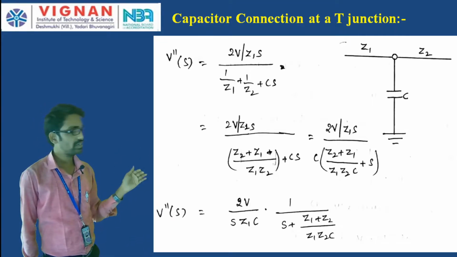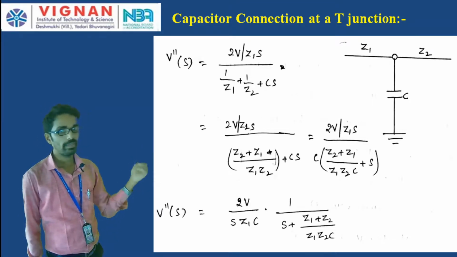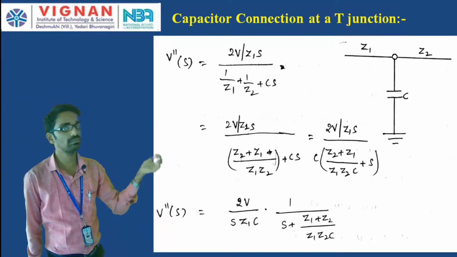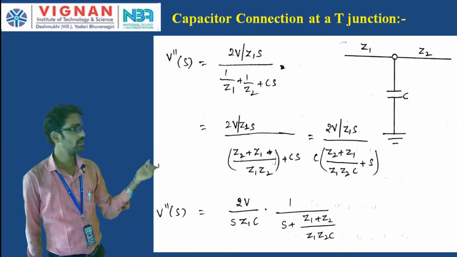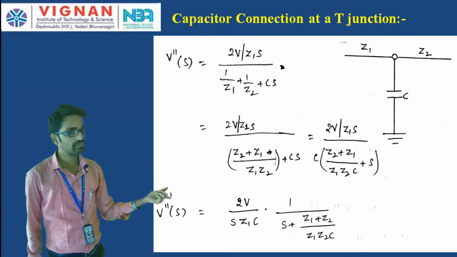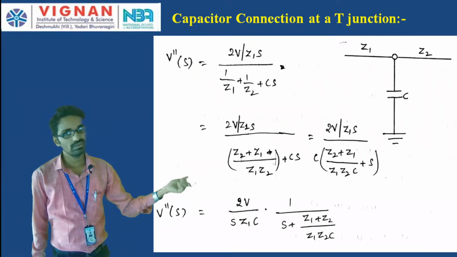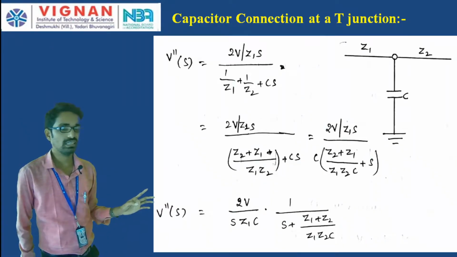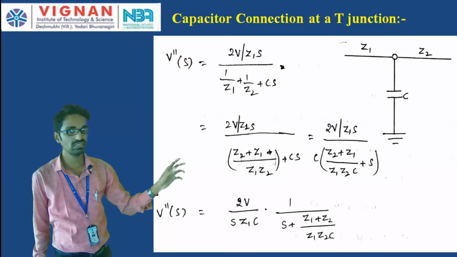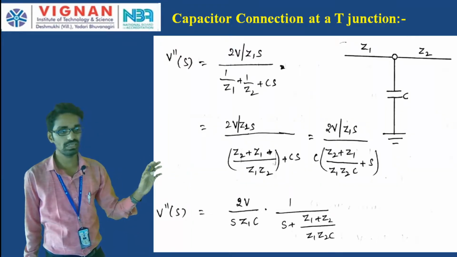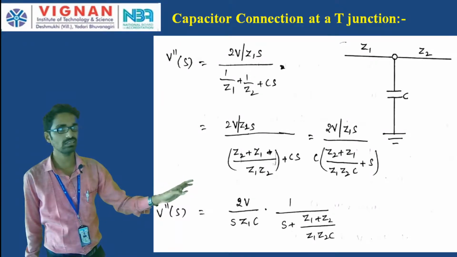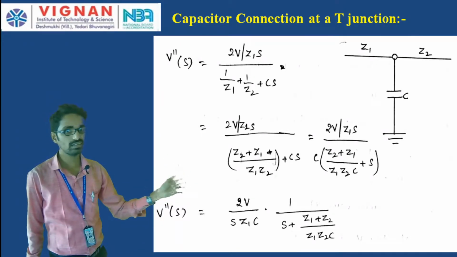In the denominator, if I take C common, then you get 2V by Z1 into S by C into, Z1 plus Z2 by Z1 Z2 C plus S, because there is a C in one term, and in the other term there is no C, so I have just taken it common.